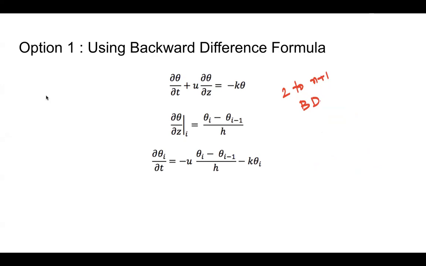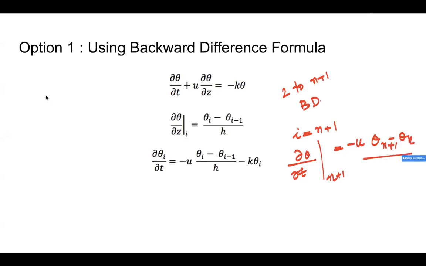For the last point, when I is equal to n plus 1, your dou theta by dou t at n plus 1 will be equal to minus u times theta n plus 1 minus theta n divided by h, minus k theta n plus 1. So everything is known to you. This is how you do the whole thing using the backward differencing formula. We also saw that this approach is much more stable compared to the central differencing approach.